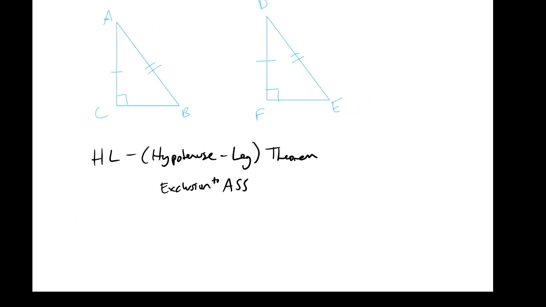The reason it works this way is due to what's called the Pythagorean converse, which we've discussed very briefly, which in this case is going to establish that BC, the third side of the first triangle, is congruent to FE, the third side of the second triangle. And it happens in right triangles because of the following. If triangle ABC is a right triangle, and it is, then the Pythagorean theorem applies.